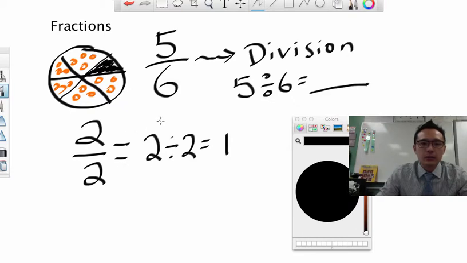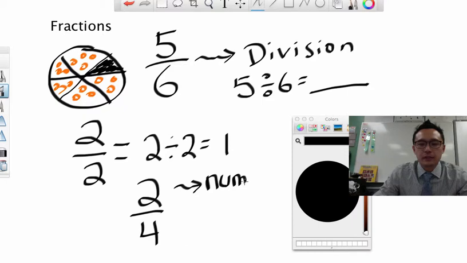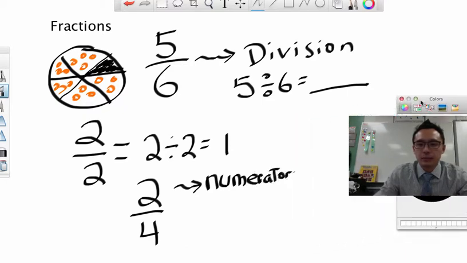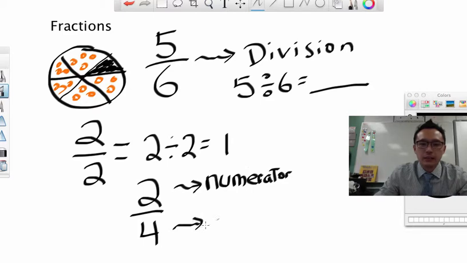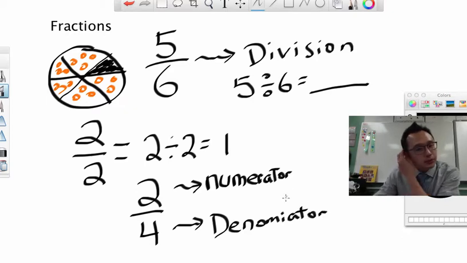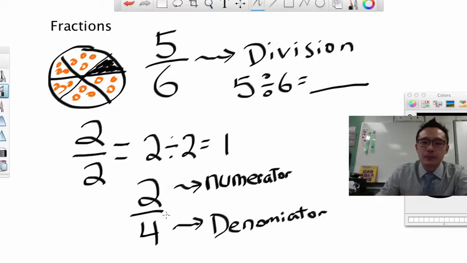One other thing about fractions is that there are two different words. The top number is your numerator, and your bottom number is called the denominator. These are just two words to describe the top number or the bottom number.